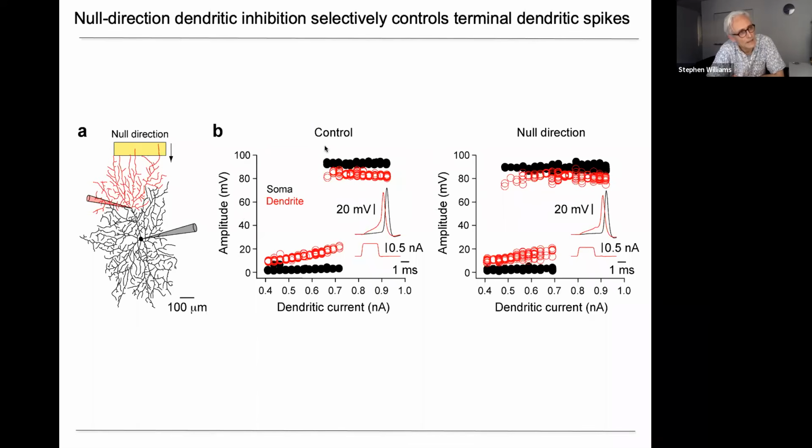If we did that under control and during null direction inhibition, amazingly, we saw absolutely no difference. It's as if the null direction inhibition wasn't there. So the inhibition mediated through the starburst amacrine cell network is not strong enough to overcome the conductances underlying the regenerative generation of dendritic spikes.